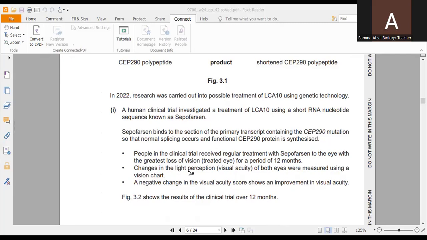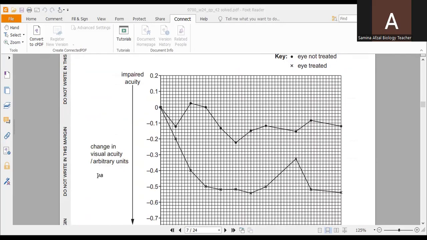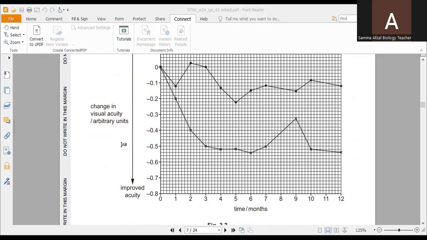Changes in the light perception and visual acuity of both eyes were measured using a vision chart. A negative change in the visual acuity score shows an improvement in visual acuity. So here you can see the graph. Impaired acuity is increasing upward, and downward is improved acuity.